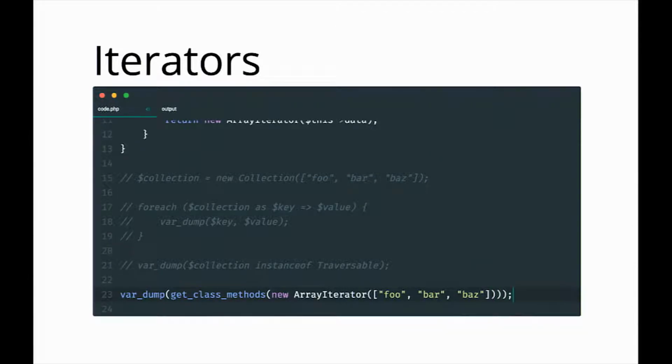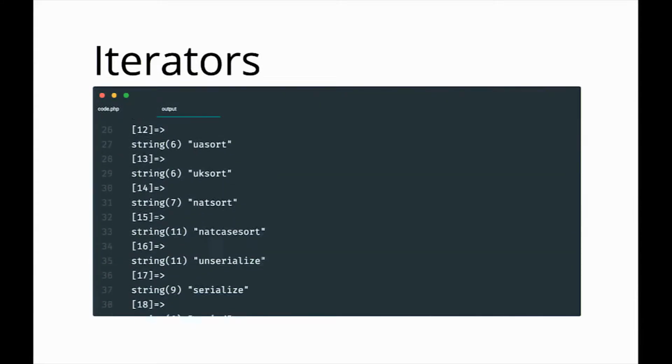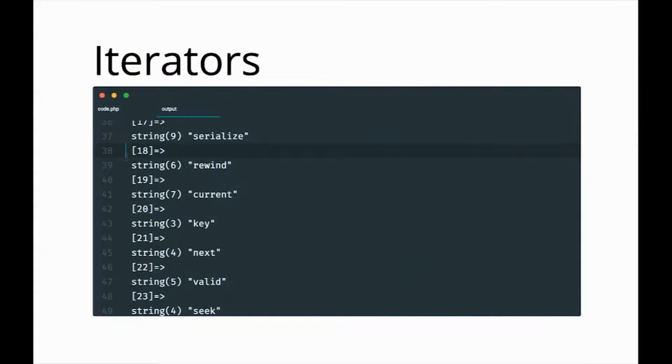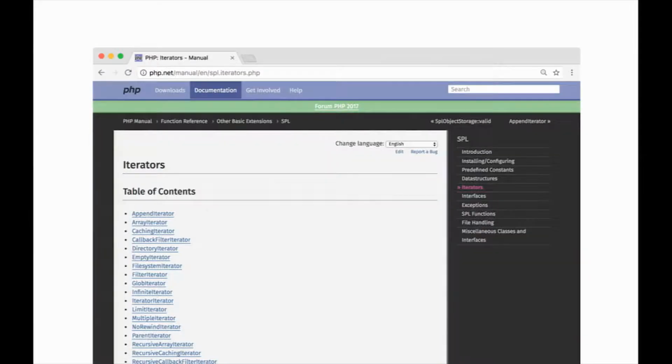This is important for us, or for me, I guess. Here we go. There's lots of methods that ArrayIterator gives us, but the core ones that we're interested in are these down here. ArrayIterator is an iterator. It implements that interface, and it has these methods, and these are a predictable part of this that we can deal with. We'll see why it's important for you to see these now in a little bit.